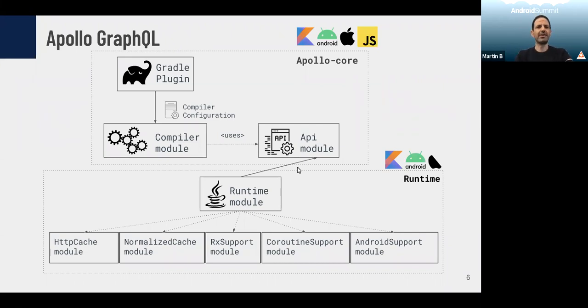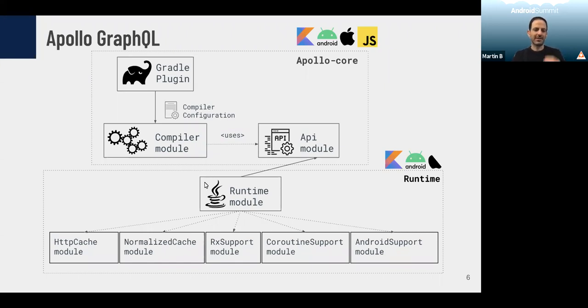There's a lot of machinery behind all that. Part of it is what we call the core, which is mostly the compiler, a few API files to use on the device to declare some data structures used at runtime, and a Gradle plugin. So this is all already multi-platform, working on Android, iOS, and even JavaScript.